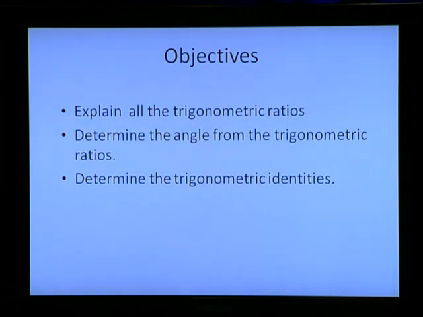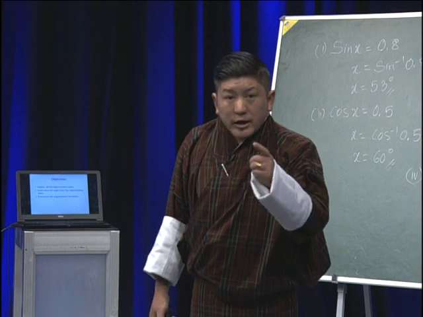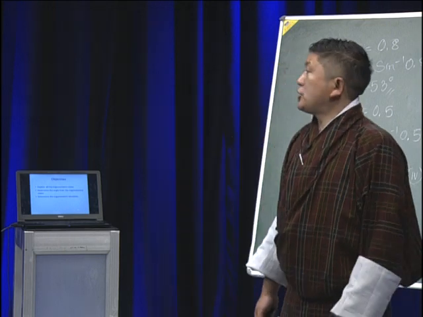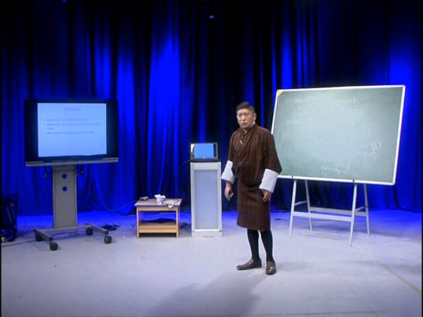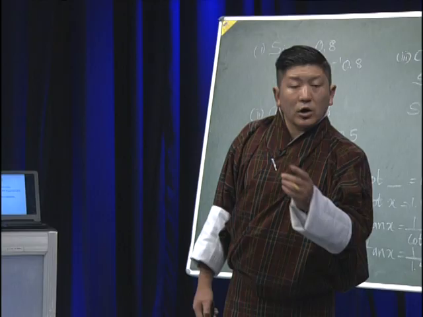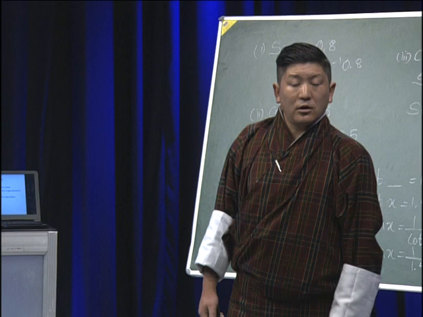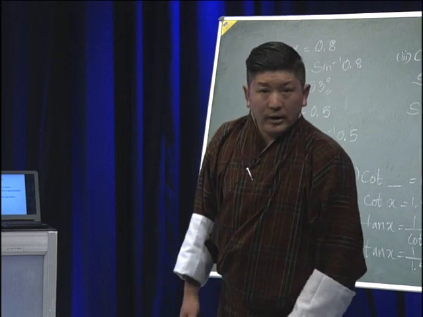You would be able to find the acute angles from the trigonometric ratios, and then you will be able to determine the trigonometry identities. That is, sine of an angle, cos of an angle, tan of an angle, cosecant of an angle, secant of an angle, and cotangent of an angle.